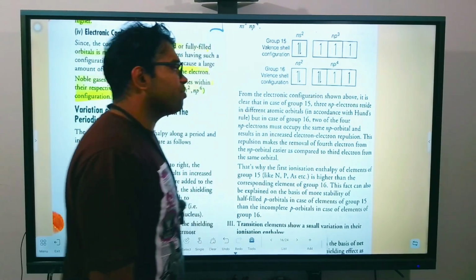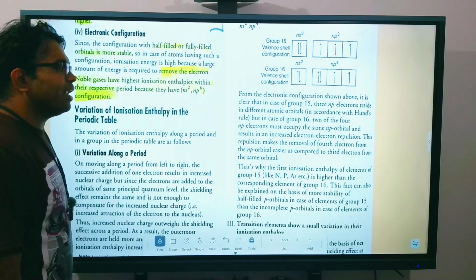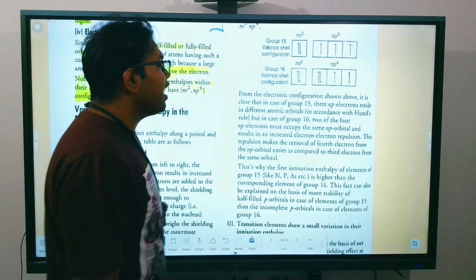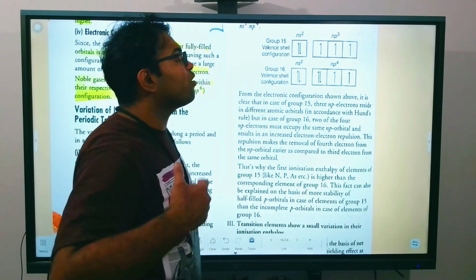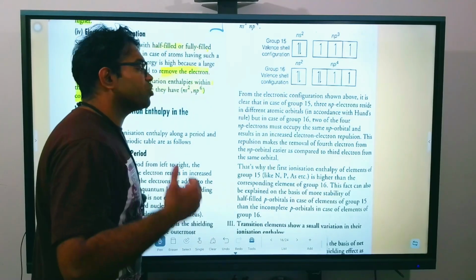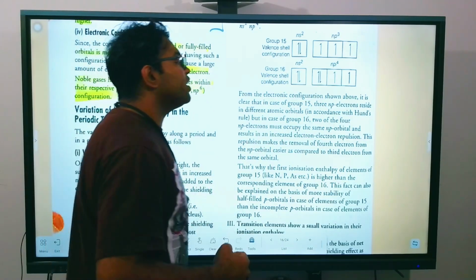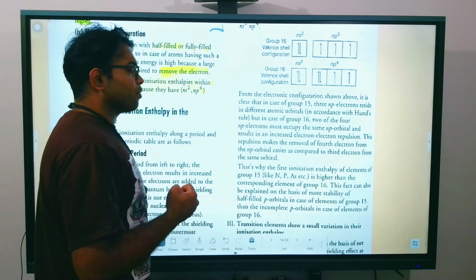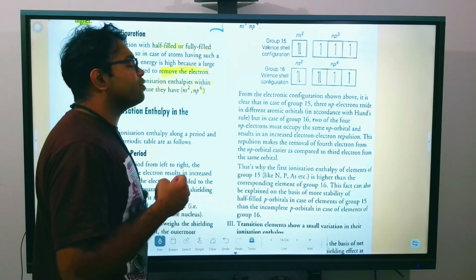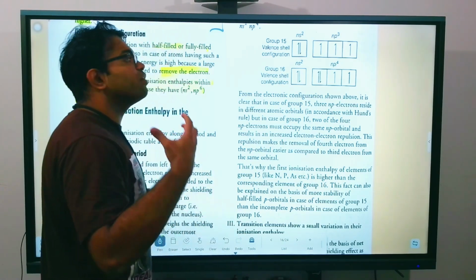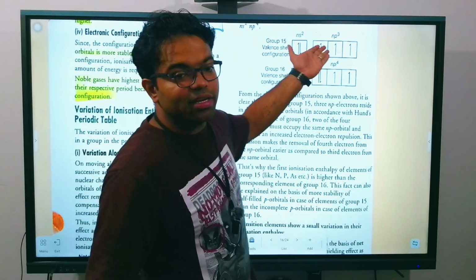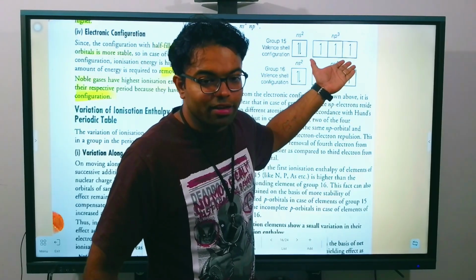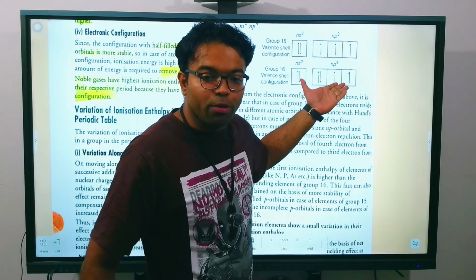But in group 16, two of the four np electrons must occupy the same orbital, resulting in increased electron-electron repulsion. This repulsion makes the removal of the electron easier. Again, you have a half filled orbital here, and you don't have a half filled orbital here.